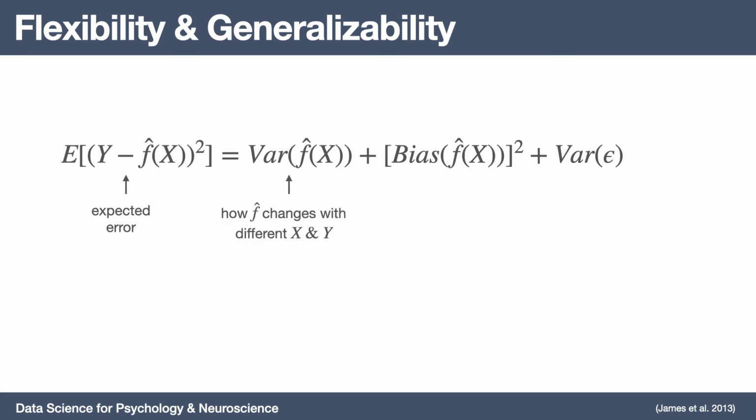And your reducible error breaks down into your variance of the model, how f hat changes with different x's and y's, plus the bias of the model, how well f hat generalizes to a new sample of y, plus the unexplainable variance. So the variance of f hat of x really is how it explains the variance within the data that was used to fit it. The bias is this generalizability.